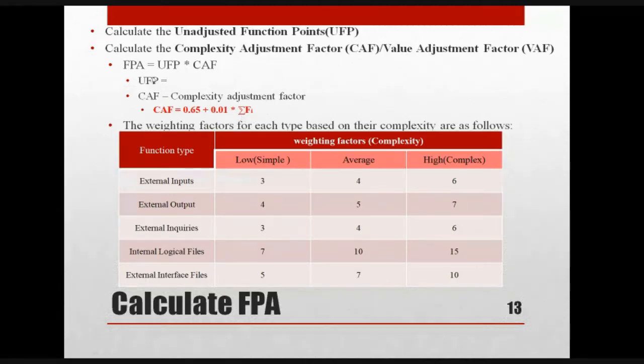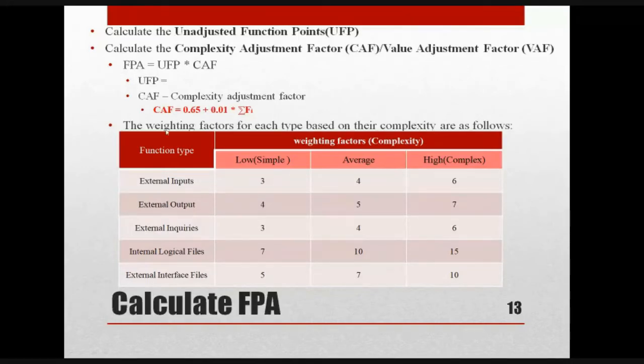First, we'll discuss how to calculate the UFP, then how to calculate the CAF. If we calculate these 2 things, we can calculate the functional point analysis, because functional point analysis is equal to UFP into CAF. That is a formula. Please don't forget this. Fine. So these are the steps for calculating the functional point analysis.